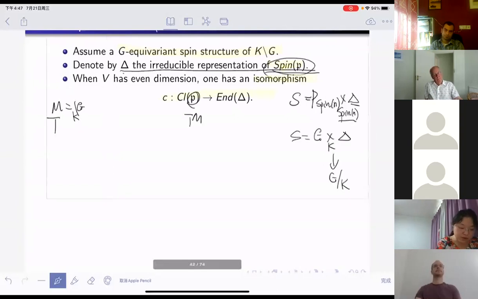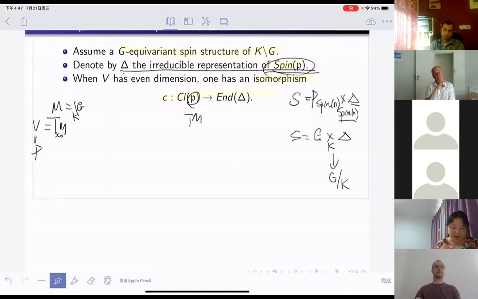So all the tangent space of Tm can be translated from Tx0, which is V and which is identified as P. And in this fashion, we can view this CL P the same as CL of Tx0 M.